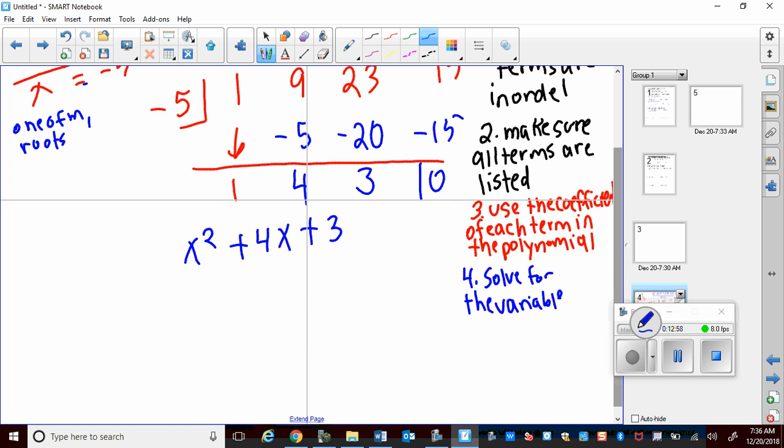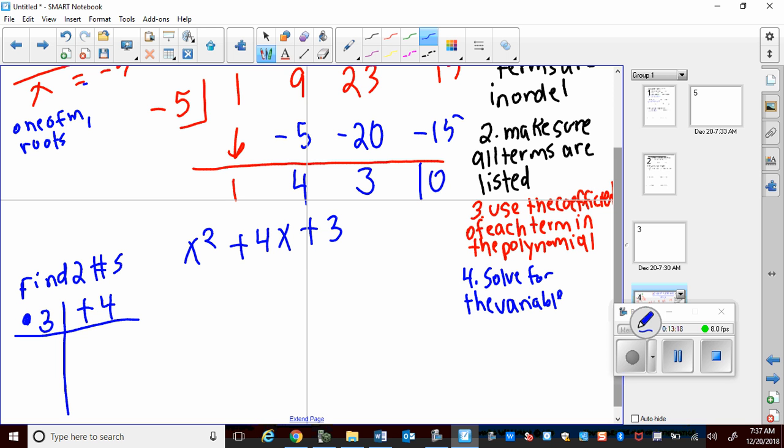So you can go to apps in your calculator, or you can find two numbers. So find two numbers. They multiply to 3 and add up to 4.